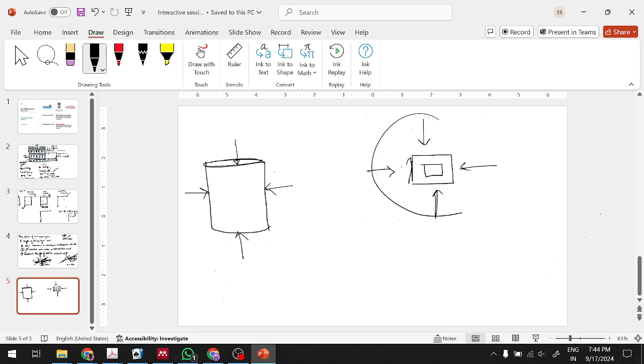This configuration of forces will never create a shear force for it to fail. And by failure, what we mean is that there should be relative movement. But when you provide volumetric strain only, this is in such an equilibrium.